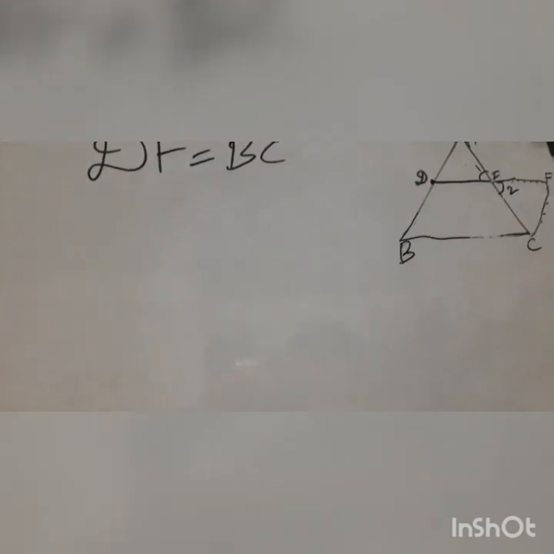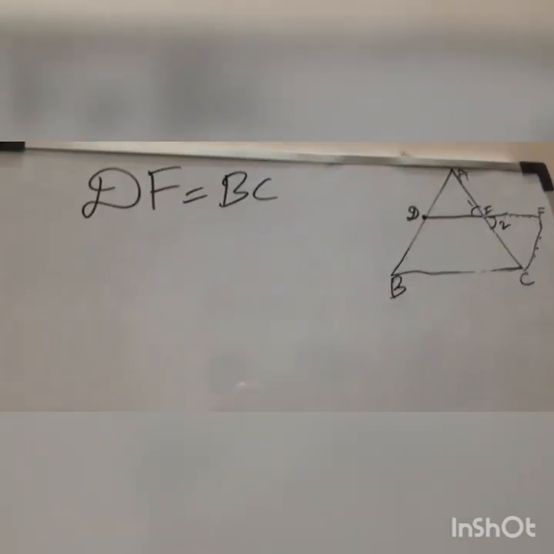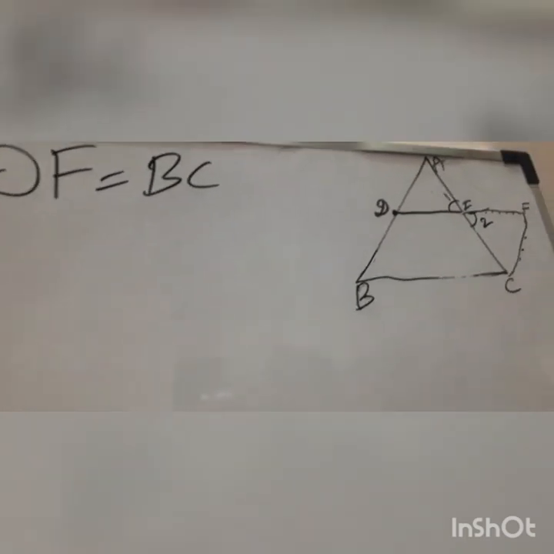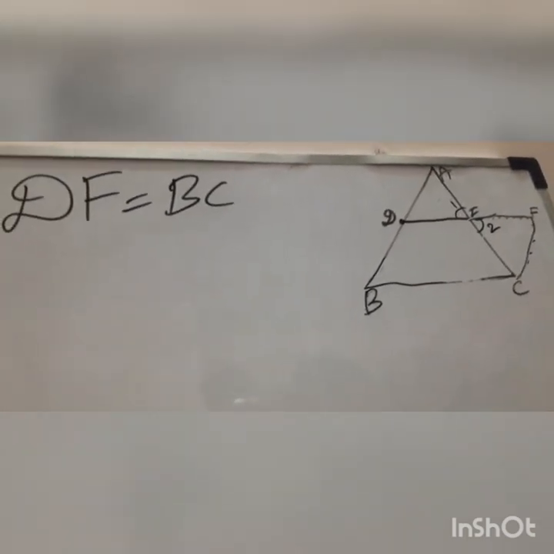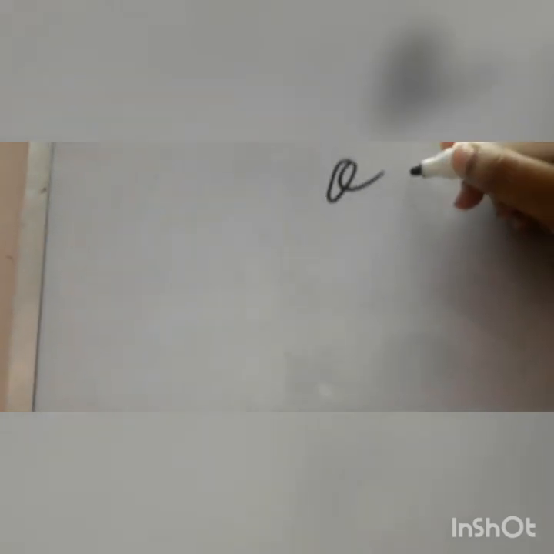Opposite sides of a parallelogram are equal. Then DF will be equal to BC, right? So opposite sides of a parallelogram are equal. Just simple.